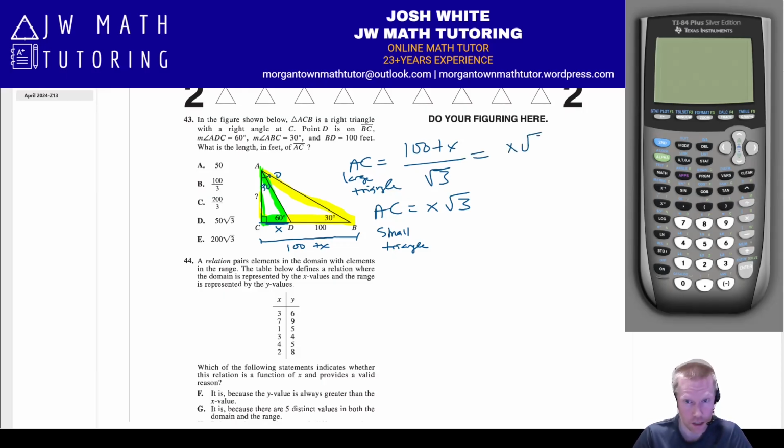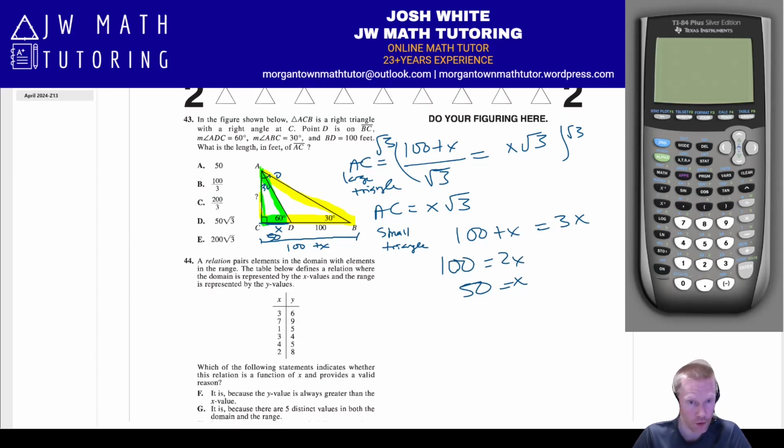So we just set this equal to x root 3, multiplying both sides by root 3. That's going to leave us 100 plus x equals 3x, and then you get 100 equals 2x, so x just equals 50.